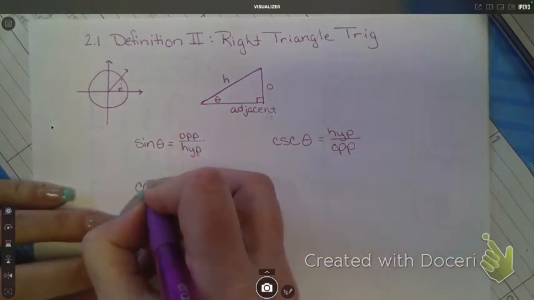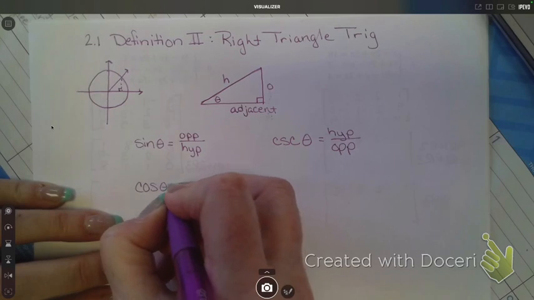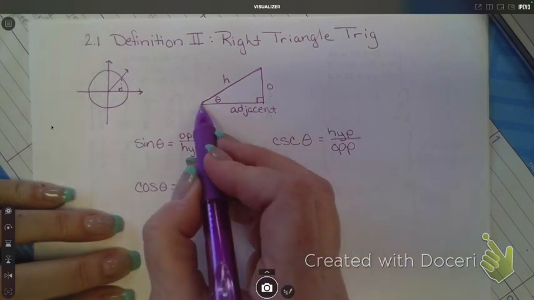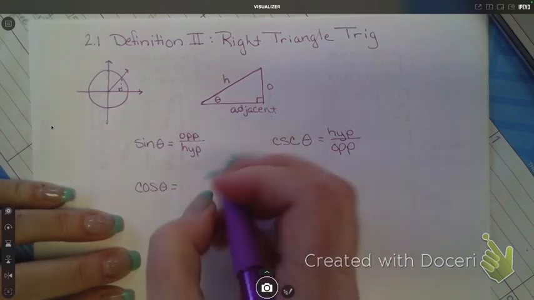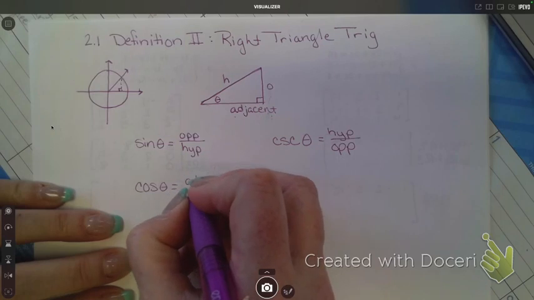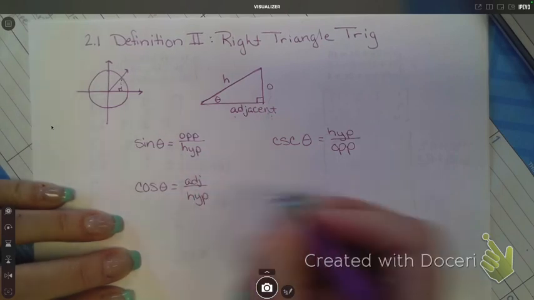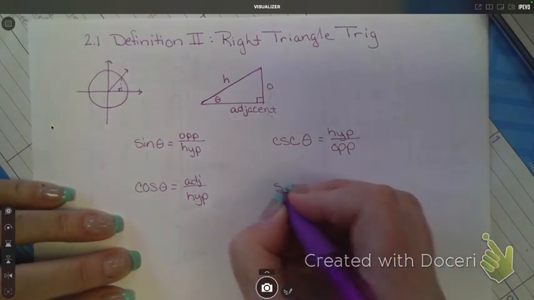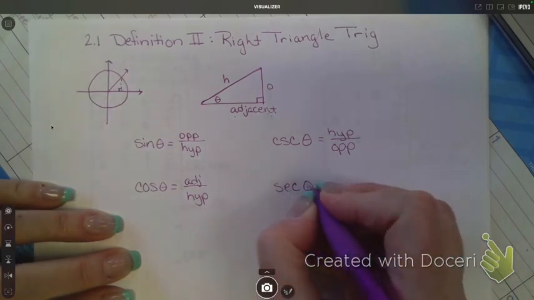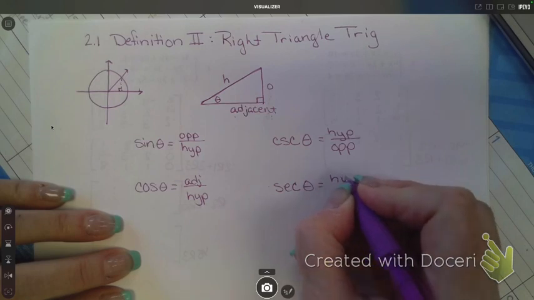Cosine is x, but to theta, x is the adjacent. So adjacent over hypotenuse. And then secant would be hypotenuse over adjacent.